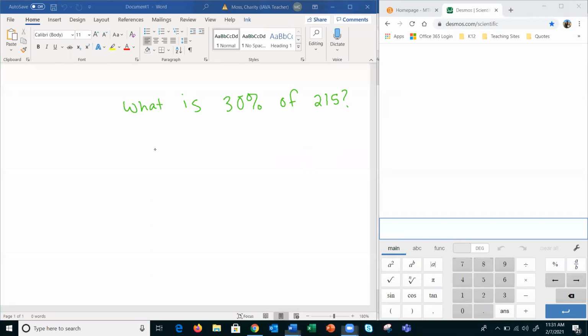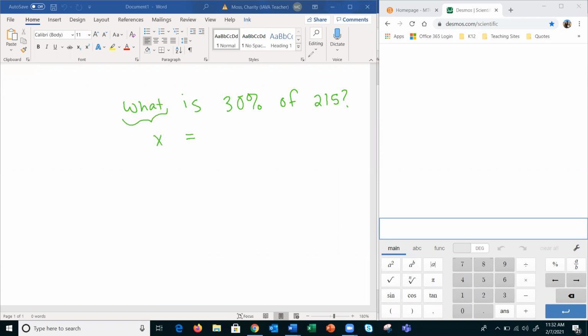So let's set this up as an equation, and then I'll also set it up as a proportion, and I'll let you choose. When I write this equation, I always know that the "what," that's what they want to know, is our variable. "Is" always means equal. We convert the 30% into a decimal.